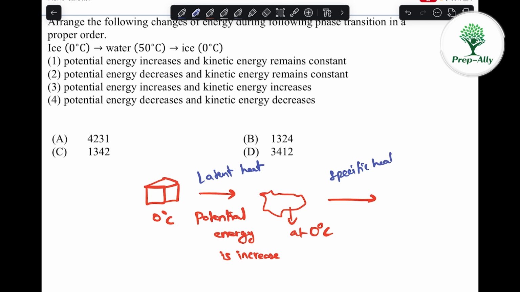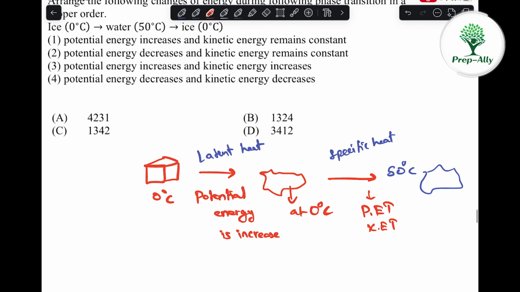Specific heat is measured per temperature rise. So how much is the temperature raised? 50 degrees. So 50 degree water is going to stay as the same water. So here the kinetic energy will also be increasing. The potential energy is also increased, and the kinetic energy will also increase. Because of that, the temperature is changed.